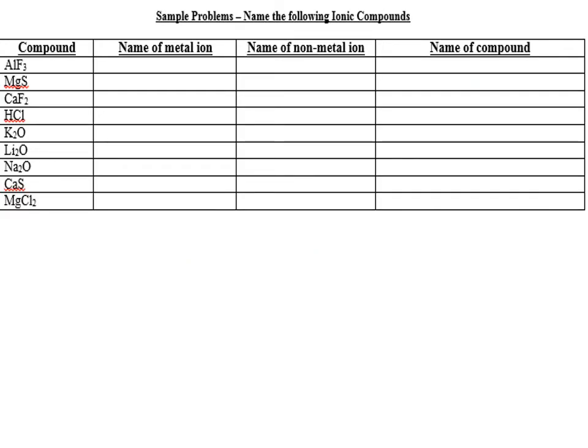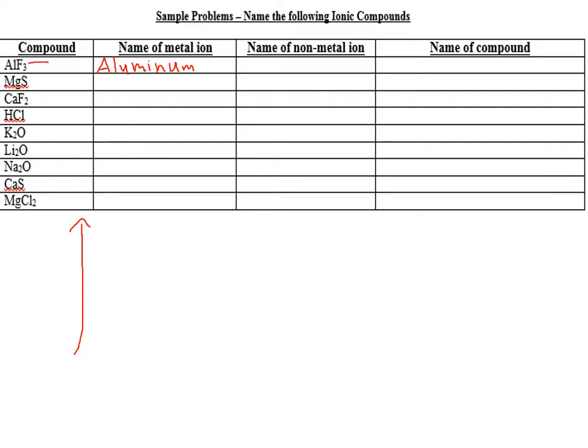Here there are some practice problems for you to do. So you have to name the compounds. You can do it step by step first, and then eventually you'll be able to do it all at once. So you start off by naming the metal ion. So for example, here you'd put aluminum. Then over here you'd put the name of the nonmetal ion.